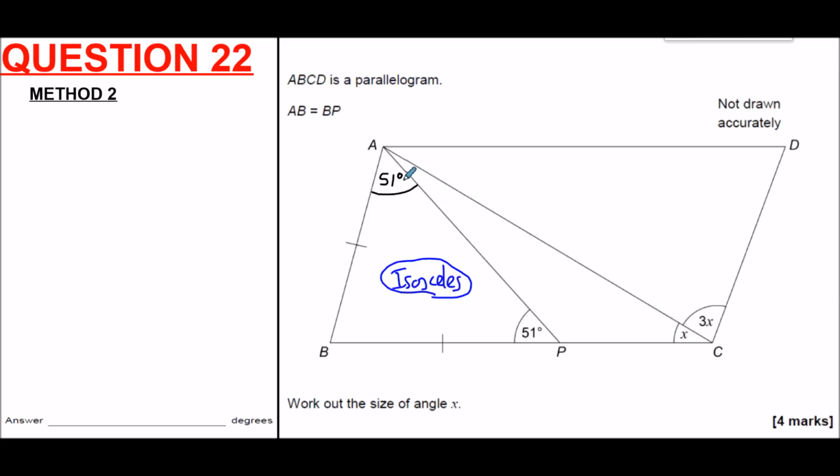Now what we can do is work out the angle at B. So first of all we can say BAP is 51 degrees, because it's an isosceles triangle.